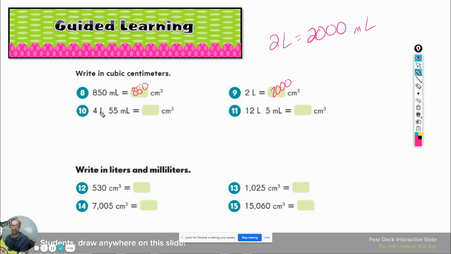Okay. 4 liters, 55 milliliters is going to equal, there's 1,000 per liter, so 4,000 plus 55 is 4,055 milliliters, which also equals centimeters cubed. And then here you'll have 12 liters is 12,000 plus the 5 is 12,005 cubic centimeters. All right.